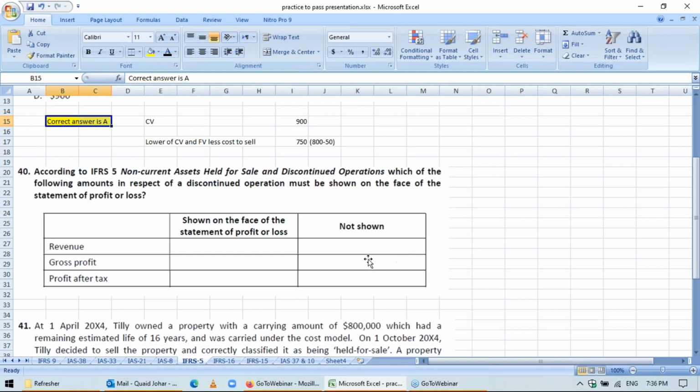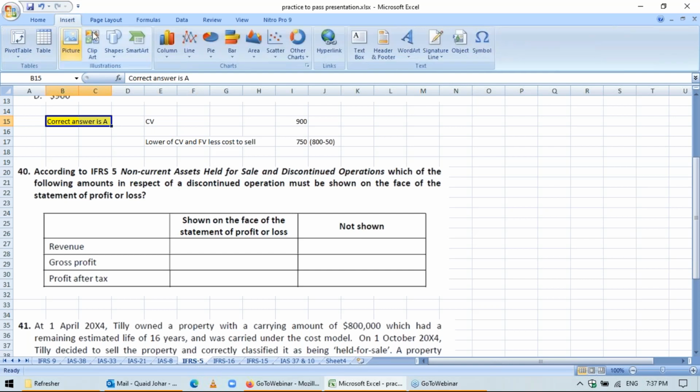So they are asking over here, should you show the revenue and gross profit separately? No details, just profit after tax will be shown on the face of the profit and loss account, and the remaining details and the analysis will be shown in the note to the financial statement.